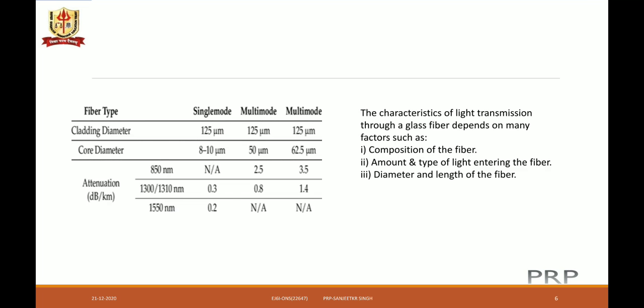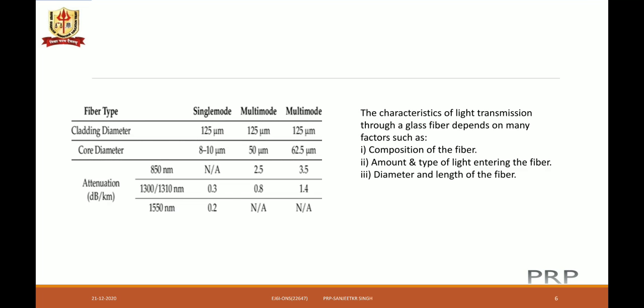For 850 nanometer and 1300 nanometer, generally for the single mode or the multi-mode step index fiber, this wavelength will be used. And for the multi-mode graded index, we have the 1300 and 1310 nanometers used.